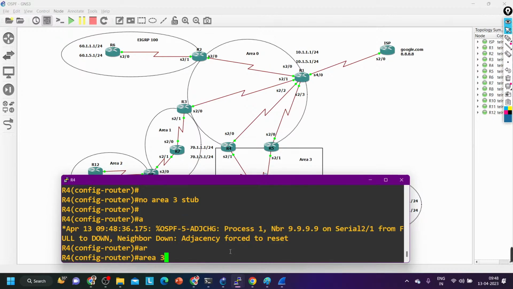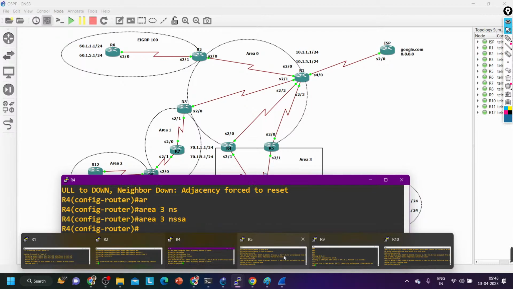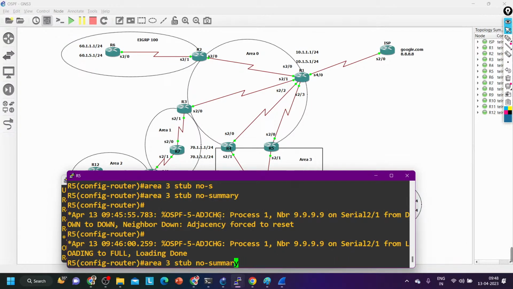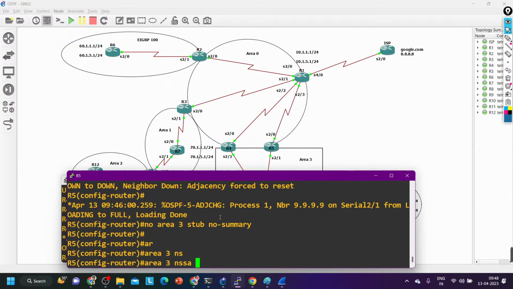Say area 3 is your NSSA area. Done. On router number 5 also, no, and area 3 is NSSA area.